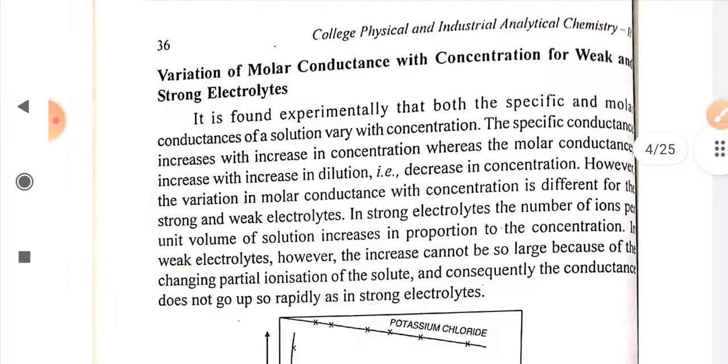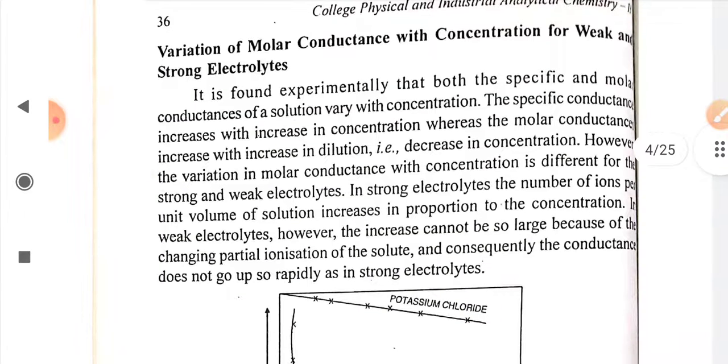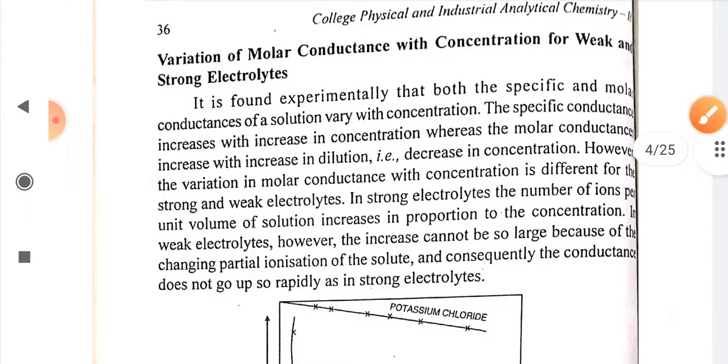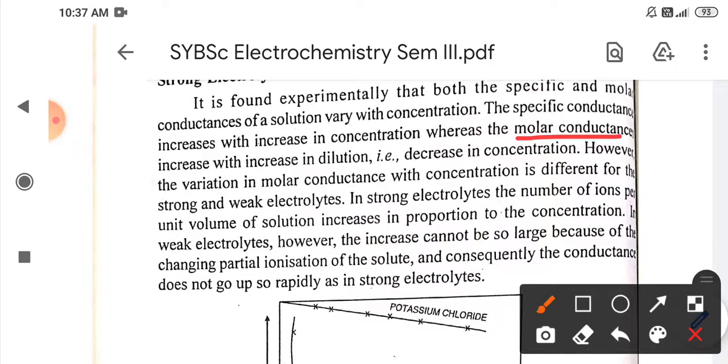It is found experimentally that both the specific and molar conductance of a solution depend upon the concentration. The specific conductance increases with increase in concentration, while the molar conductance decreases with increase in concentration, or we can say that the molar conductance increases with increase in dilution.